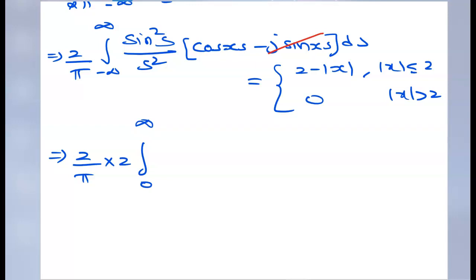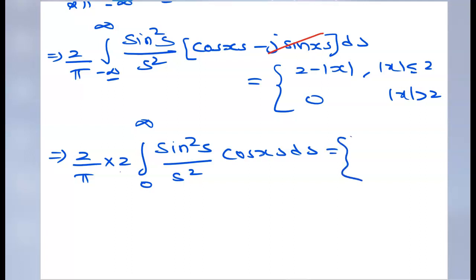By using the property of the even function, I take only the positive side, 0 to infinity, so 2 times the positive side of sine squared s divided by s squared into cos xs ds, equal to the same thing: 2 minus modulus of x for modulus x less than or equal to 2, and 0 for modulus x more than 2. This is what we are having. Like this it goes.